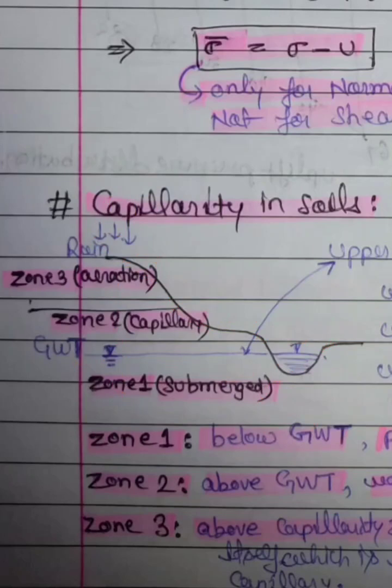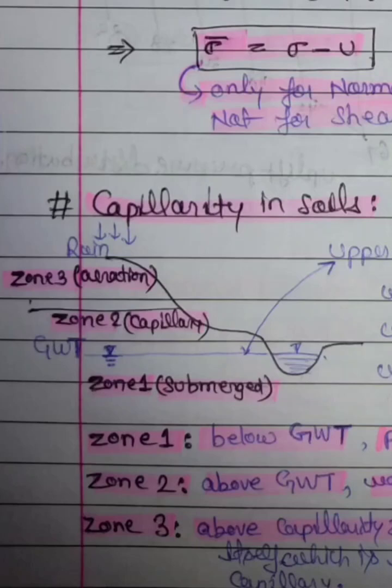Now there are sections or zones in the ground which we can classify as zone 1, zone 2 and zone 3. Now what are these zones? Zone 1 is the submerged zone of the earth or soil. This zone is always submerged below the groundwater table.